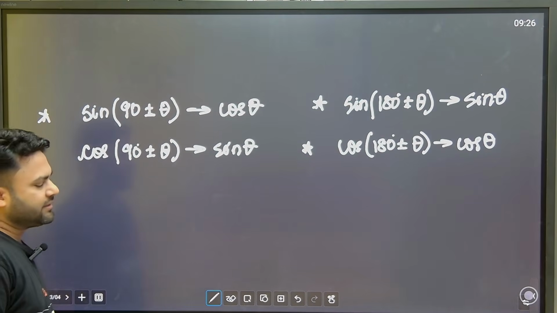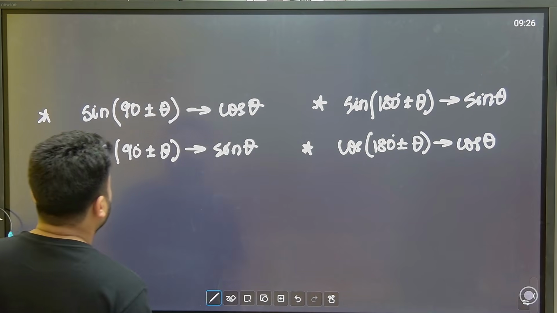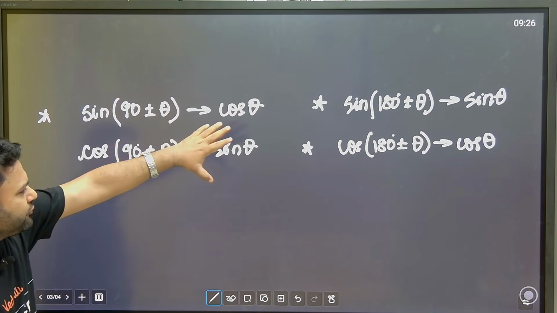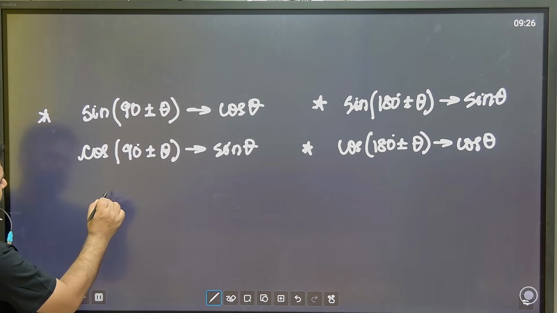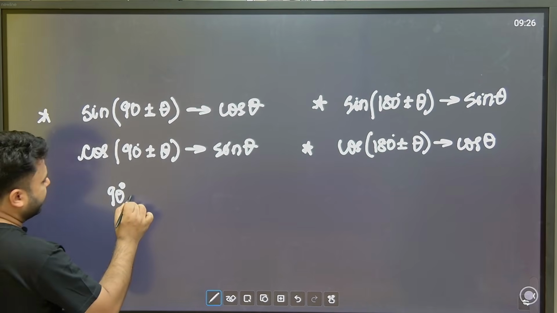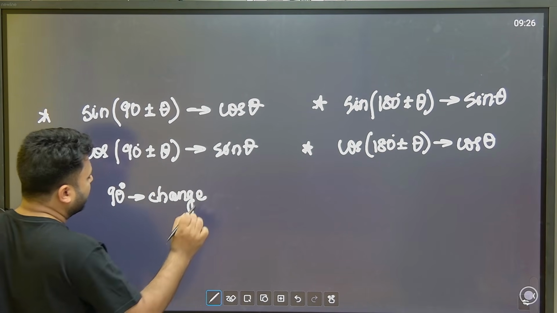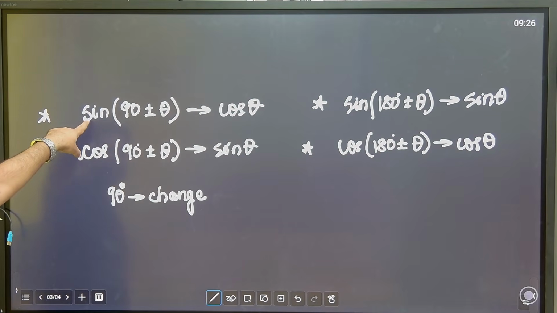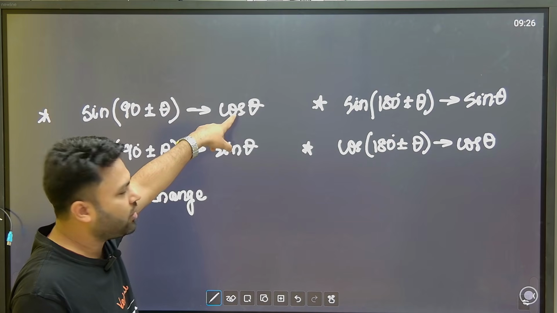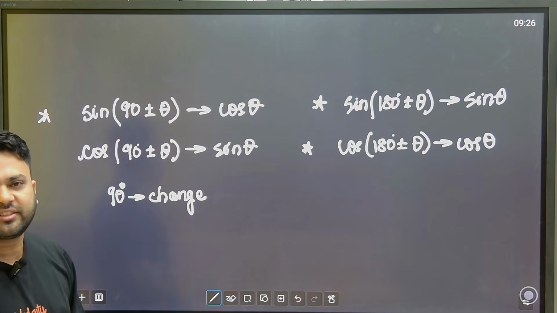Now what are these things? Always remember, from all these formulas, if we have involvement of 90 degree, there is a change. Means if sine is there and there is involvement of 90 degree, sine will be converted to cos. Similarly, cos will be converted to sine.